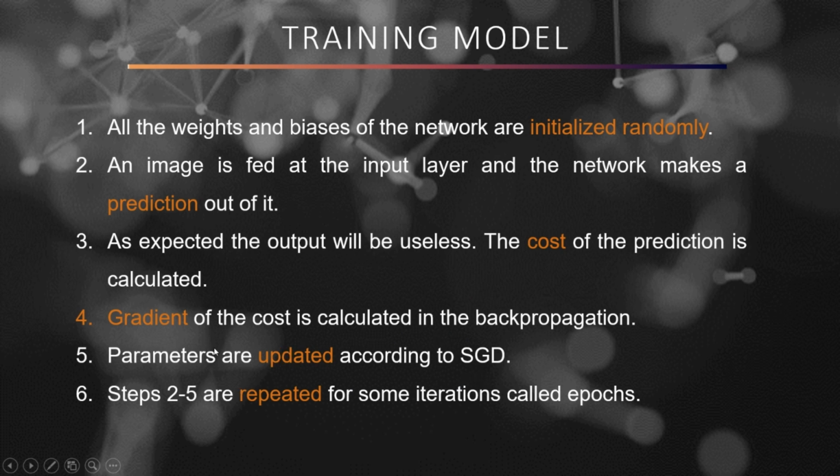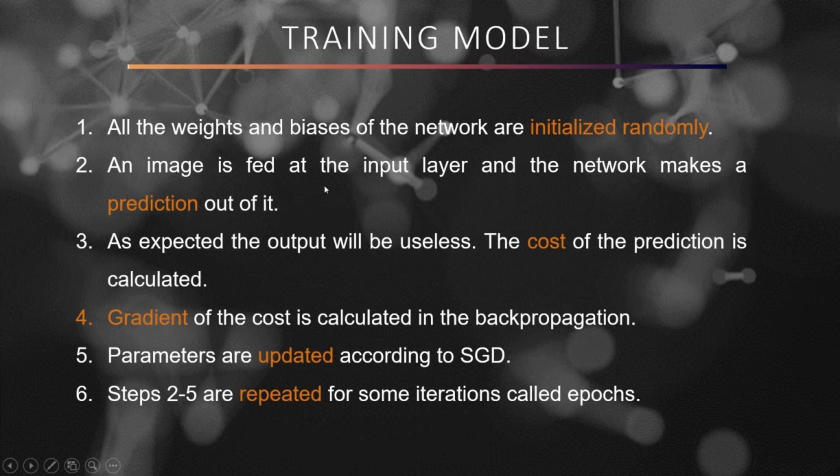See here, we are calculating the gradient, and then we are updating the weights and biases of the network according to the obtained gradient and the learning rate we have set initially. And steps 2 to 5 are repeated.